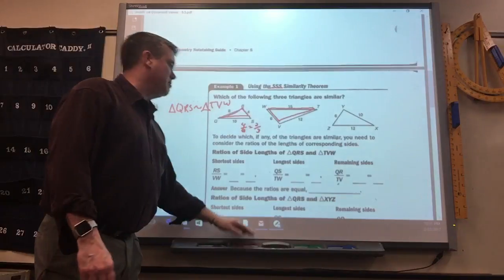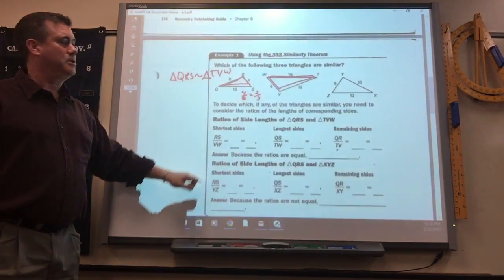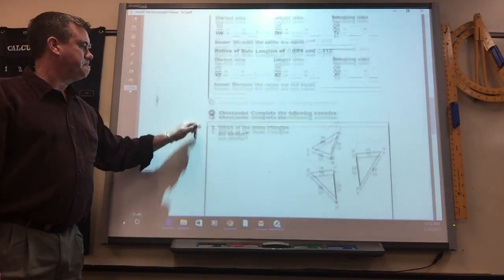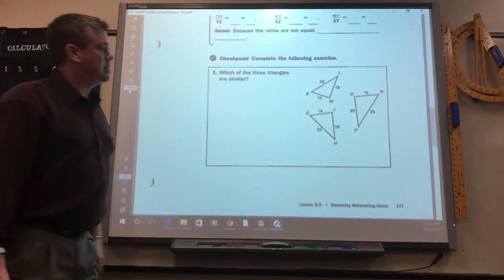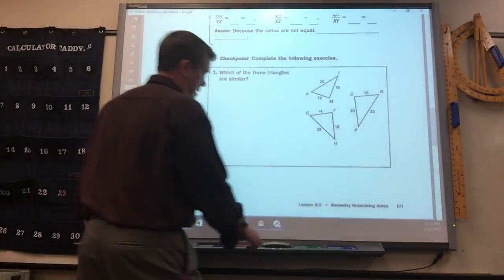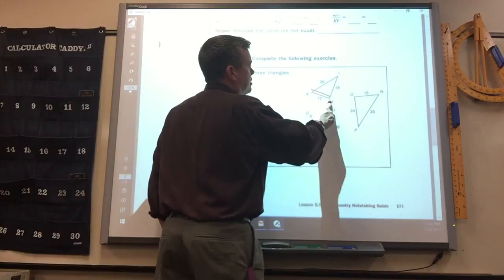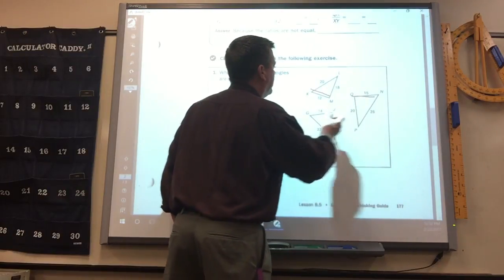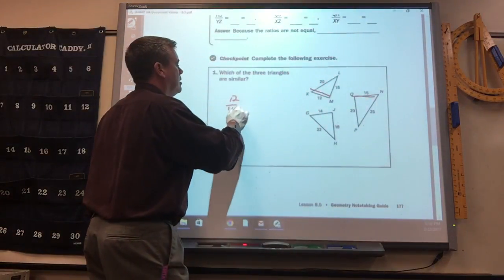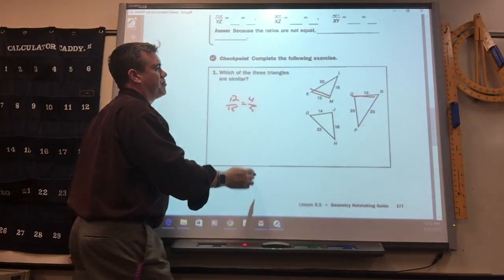So part of our problems are like this, where you'll be given 3 triangles and you got to find the 2 that are similar. Another one is like this. I think it's going to be these 2. So if we check the short side to the short side, you can divide them both by 3 and you get 4/5.